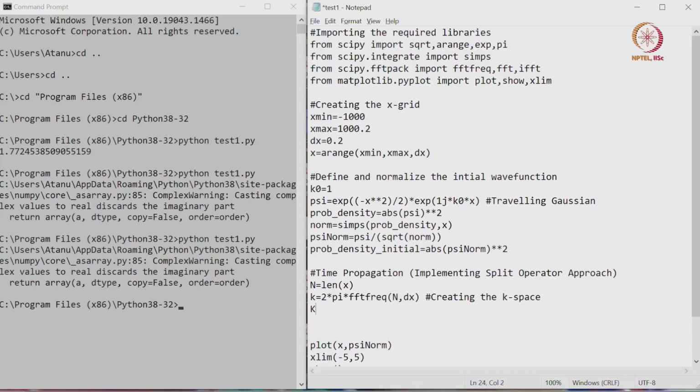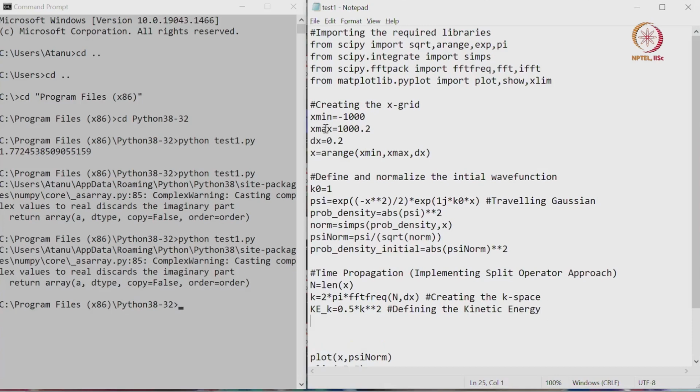And then I am going to define the kinetic energy in the k space, and that definition is very simple. It is going to be 0.5 multiplied by each k squared. So this is the definition of the kinetic energy.